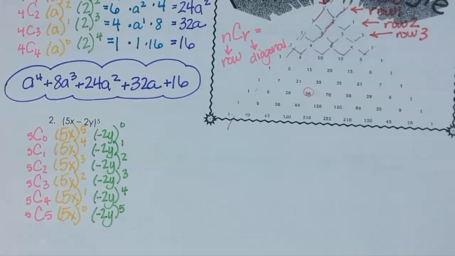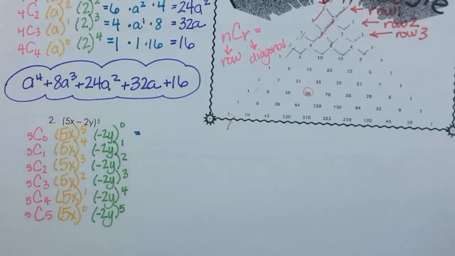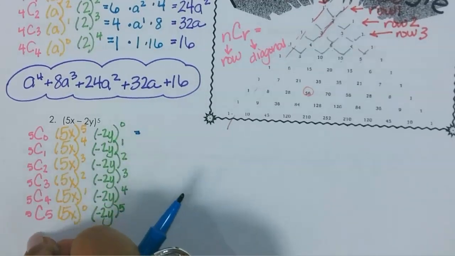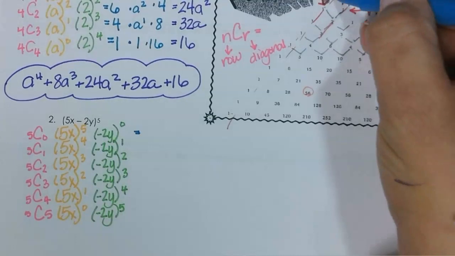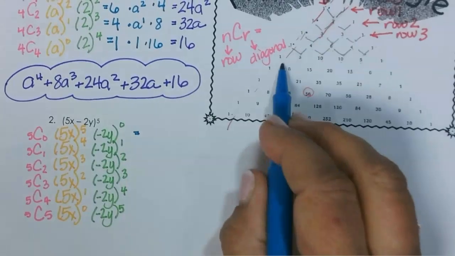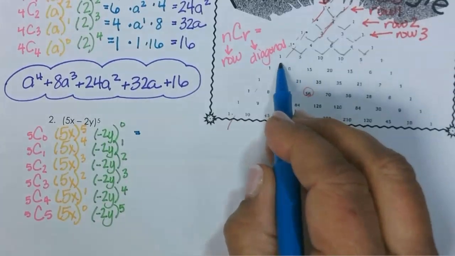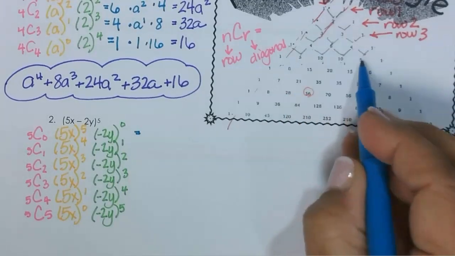It's helpful here not to speed race through these questions. Take it one step at a time. If we're looking at the coefficients here, 5c0 through 5c5, I could look in Pascal's triangle, row 0, 1, 2, 3, 4, 5, and then I should use for 5c0 is 1, 5c1, 5c2, 5c3, 5c4, 5c5.